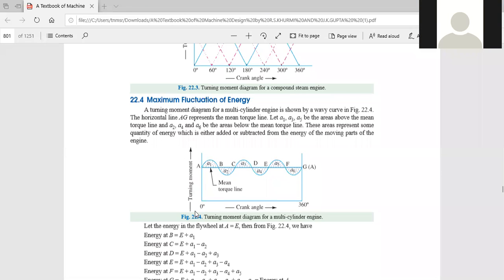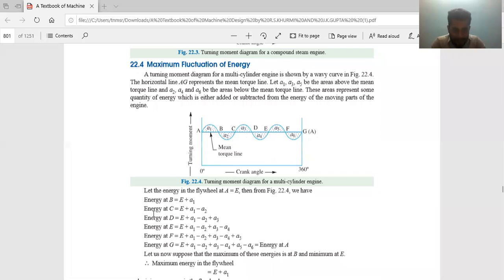So it will be E plus A1 minus A2. Similarly, the energy at point D will be E plus A1 minus A2 plus A3. Clear? The energy at point E will be E plus A1 minus A2 plus A3 minus A4.